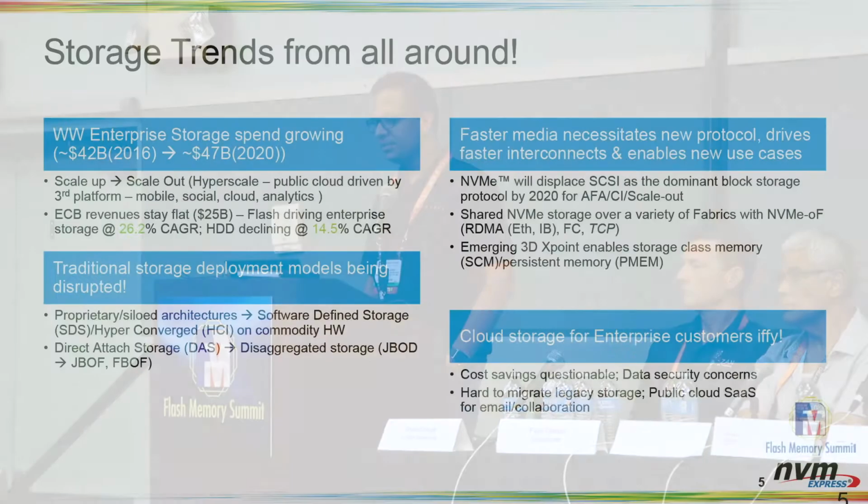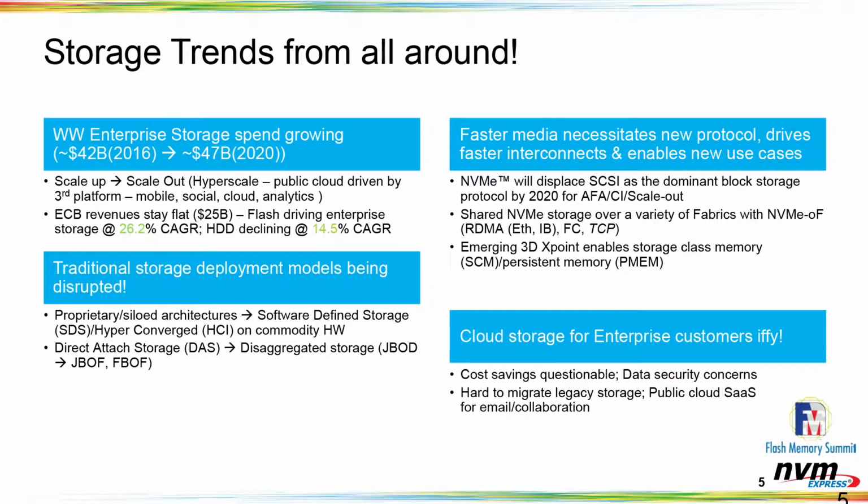For that matter, a lot of DAS is changing, moving to JBOFs, FBOFs, and beyond that, you also see that there is certainly NVMe all across, a more efficient protocol. We expect that in the next couple of years, we will hit the almost 50% crossover mark, where NVMe becomes more widely deployed than SCSI.